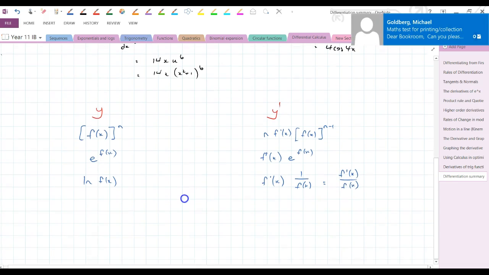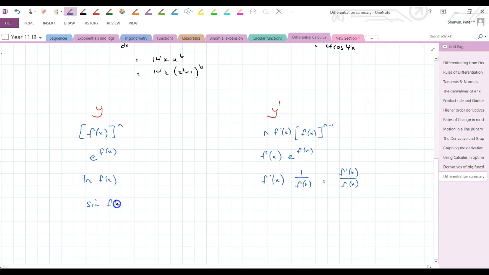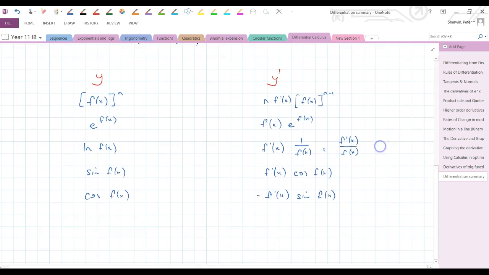Okay, so that's my log function, exponential, my polynomial. Then we go into sine f(x): f dash x, sine goes to cos, f(x) holds. Cos f(x): f dash x, it's minus, isn't it? Sine f(x). So cos goes to minus sine.